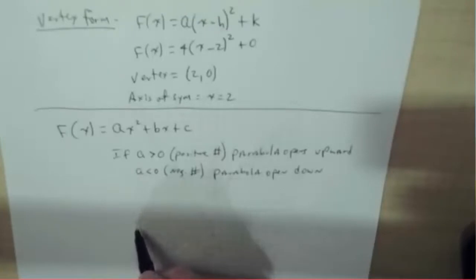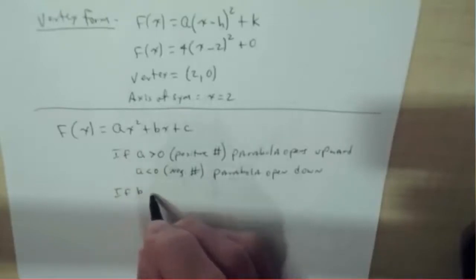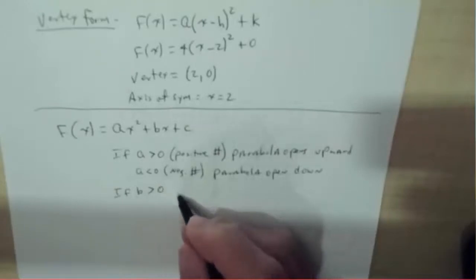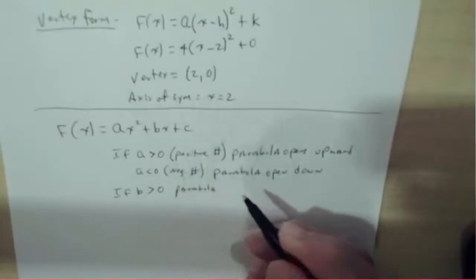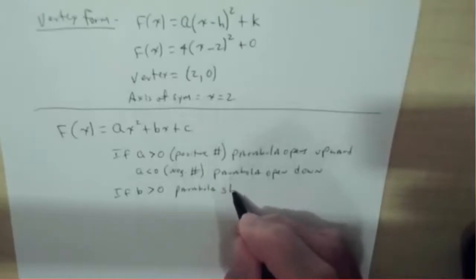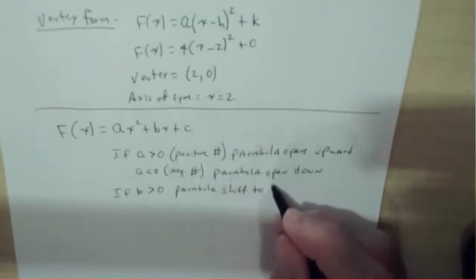Okay? Now, if b is greater than 0, the parabola will shift to the left.